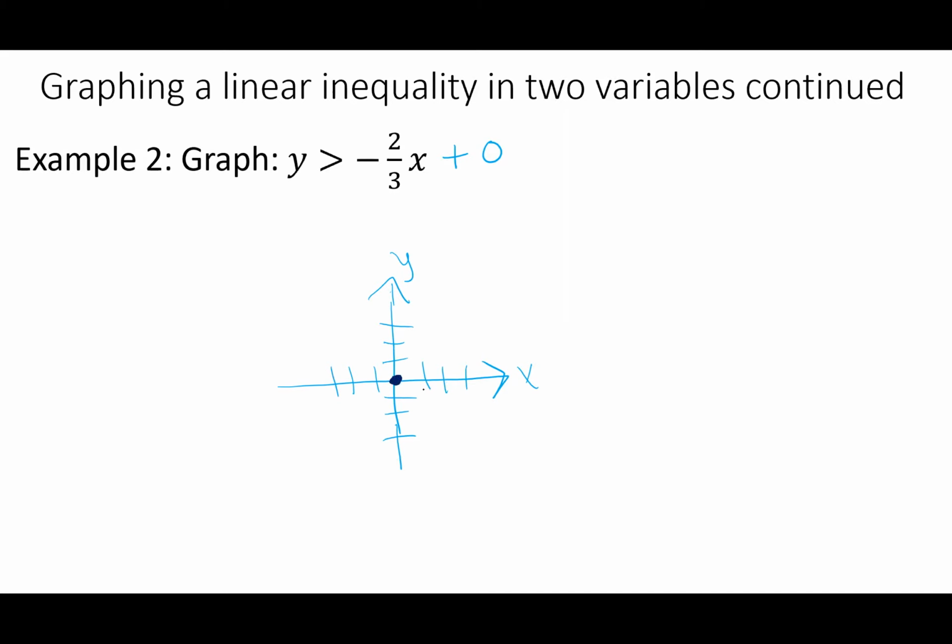It's a negative 2/3 for my slope, so I go down 2 over 3. It's greater than, but not equal to, so this one is a dotted line. It's not solid. Greater than means shade above. Okay?